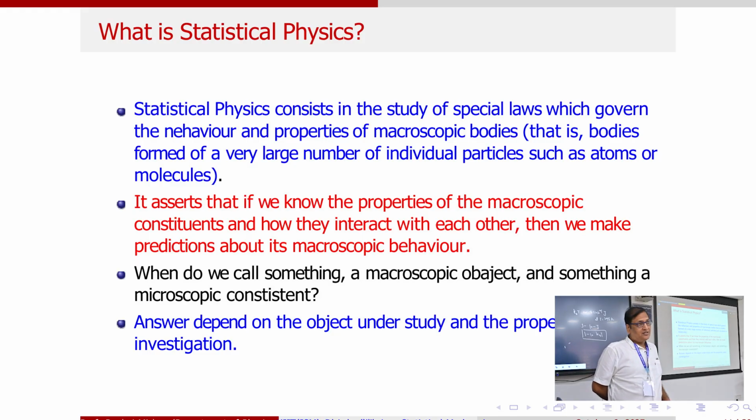For example, we can calculate pressure, temperature, and specific heat. All those properties can be calculated using the laws of statistical mechanics, which is basically based on averaging. Taking the mean is at the heart of statistical mechanics.